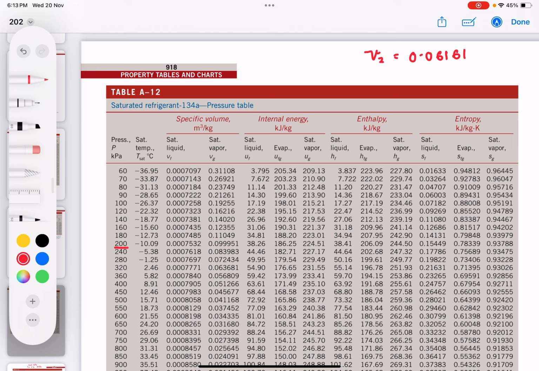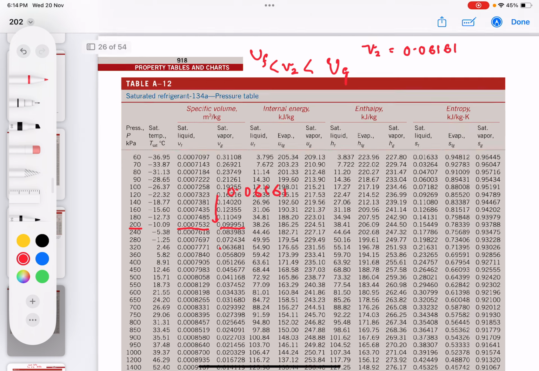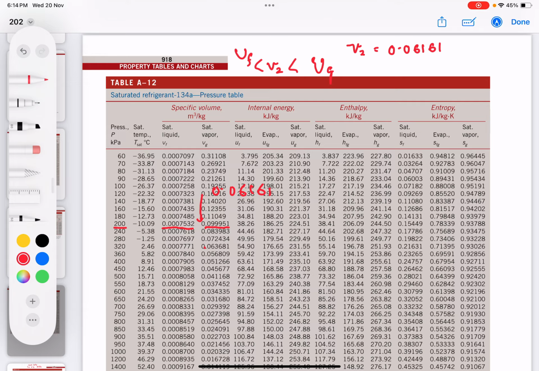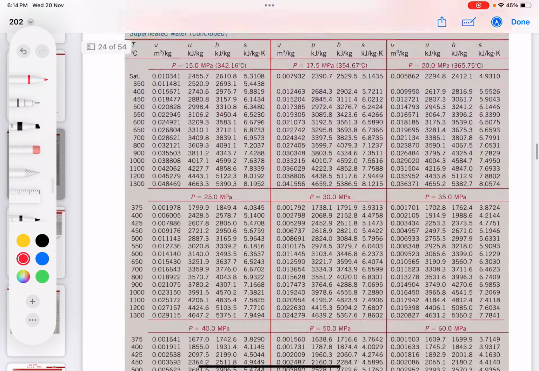By comparing to the table, I noticed that my specific volume for state 2, or V2, was in between my VF and my VG, see? My value is somewhere around here, 0.06161, which is much lower compared to 0.099951. Therefore, my value is in between these values. Because it is in between, it is located in the saturated liquid-vapor region.